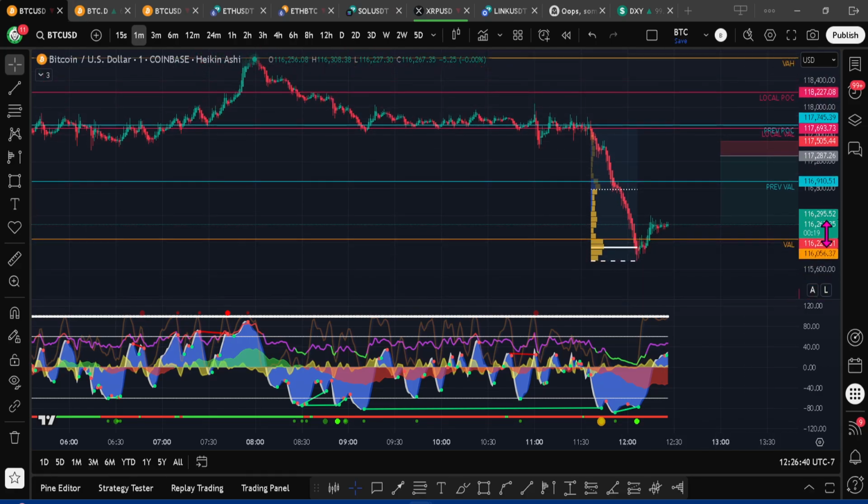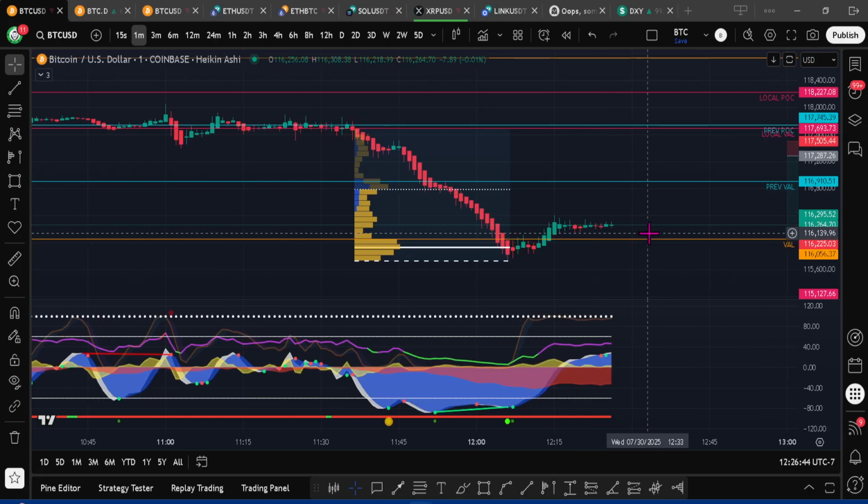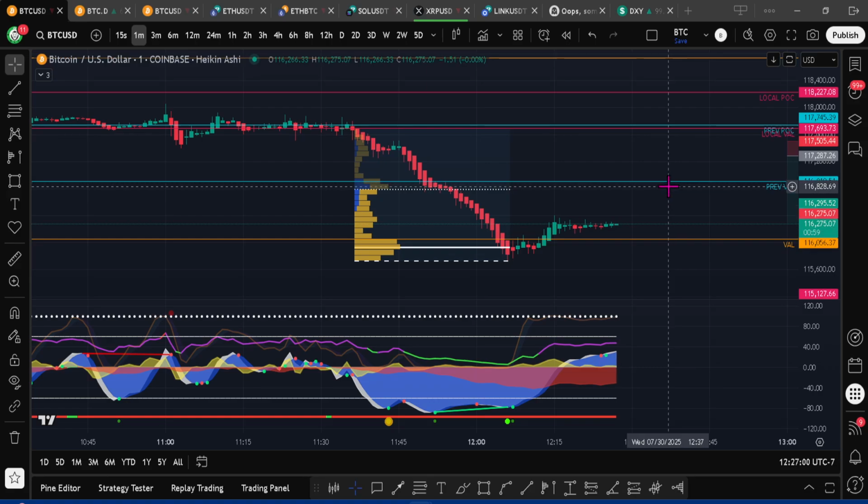It could be an emotional breakdown from retail after the Fed didn't change the interest rate. But again, we're just going to sit here and let this play out one way or another. Another observation: we want to come back to this previous value area high, somewhere around 116,000, almost 900.